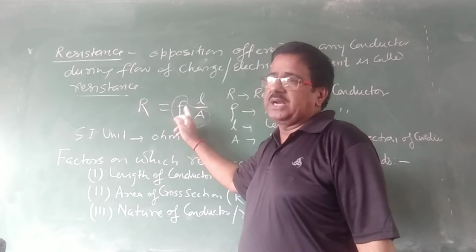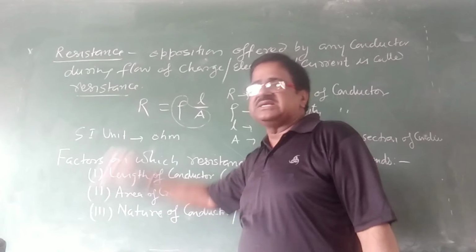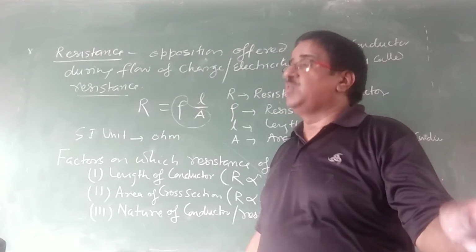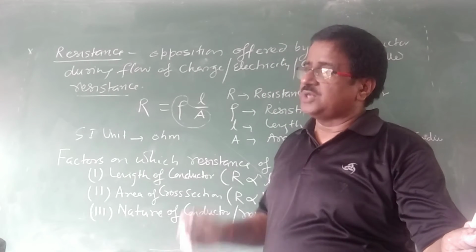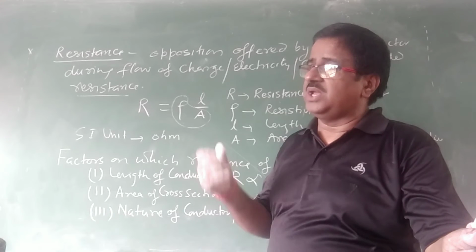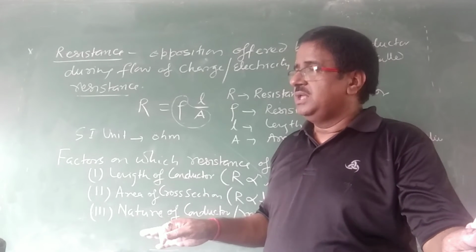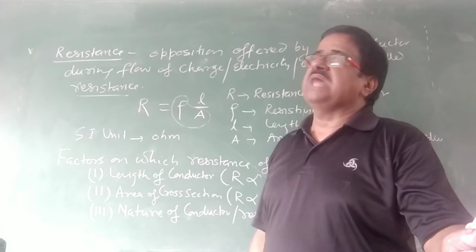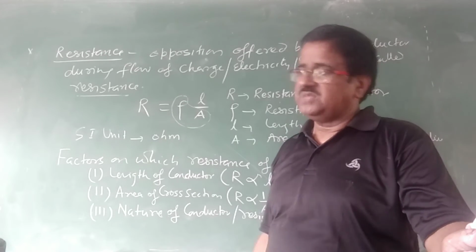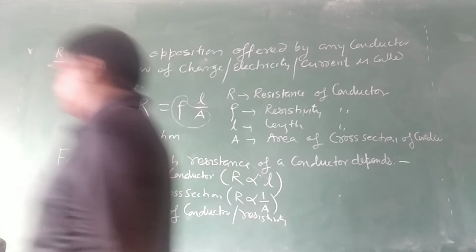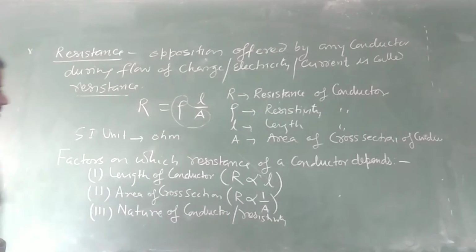Resistance of copper will be different than resistance of silver. The resistance of copper is more than that of silver. So nature of conductor is also important.